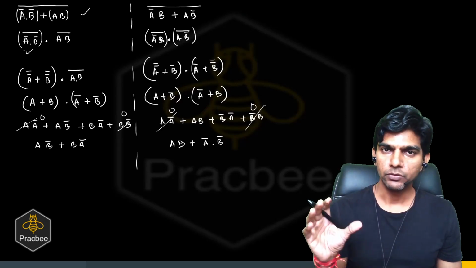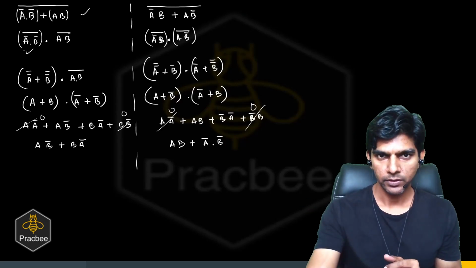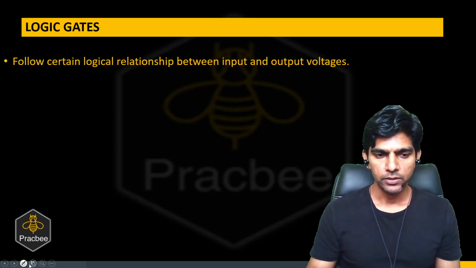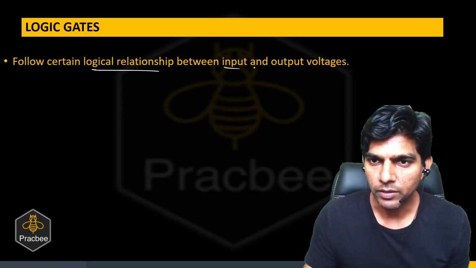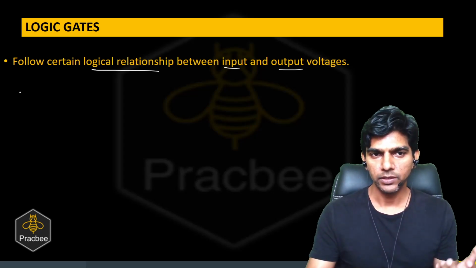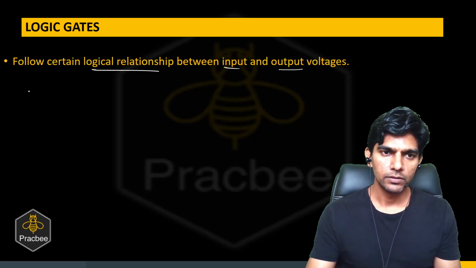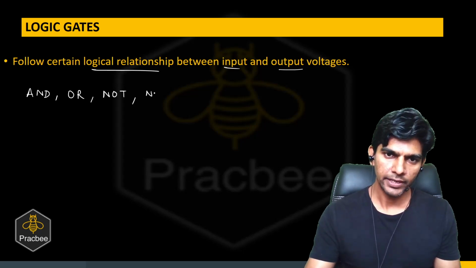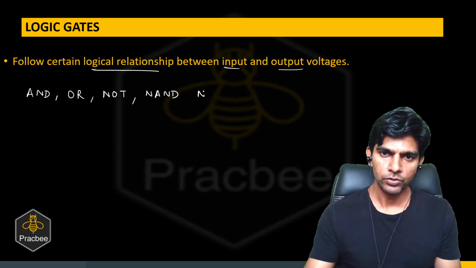Okay, I hope now the Boolean algebra is clear. Now let us see the logic gates. So what are logic gates? There is a certain logical relation between the input and the output voltages. We are going to cover five gates: AND, OR, NOT, NAND, NOR.